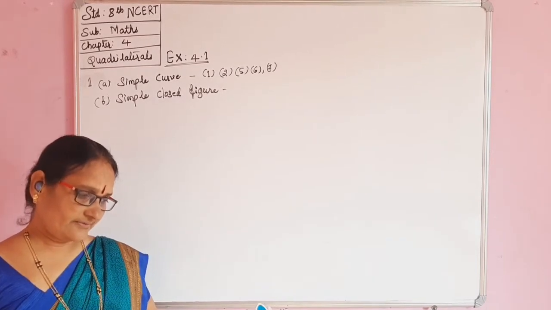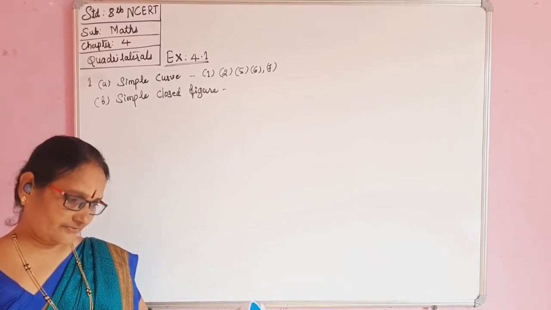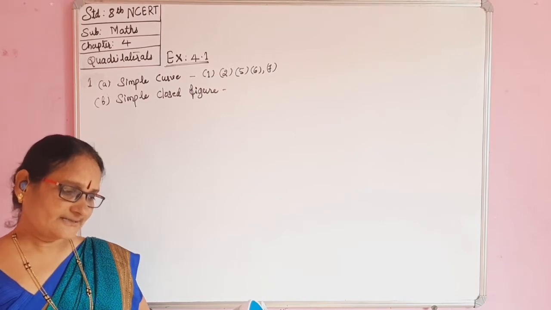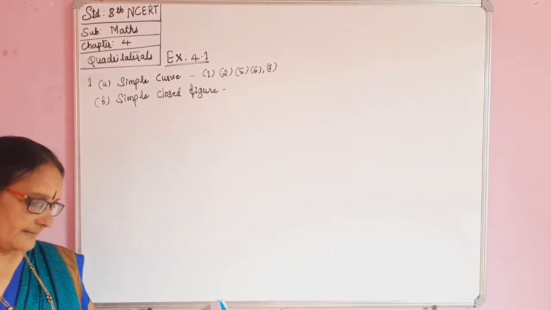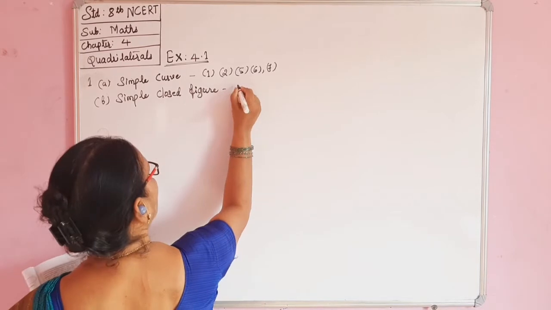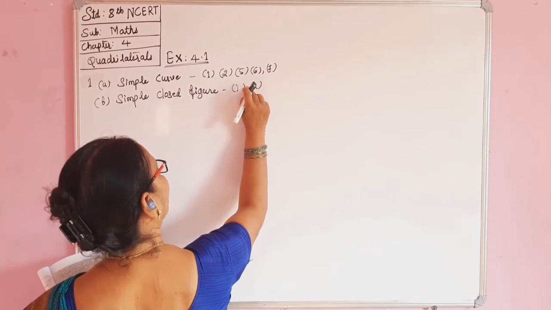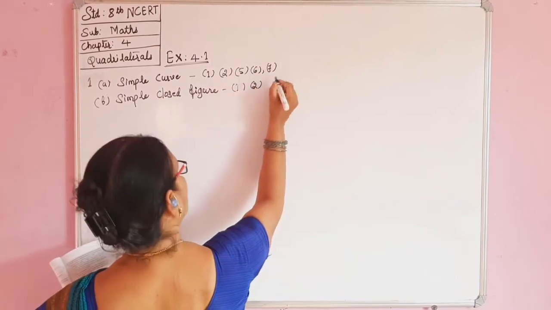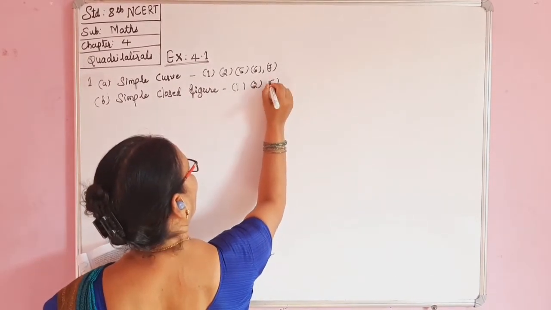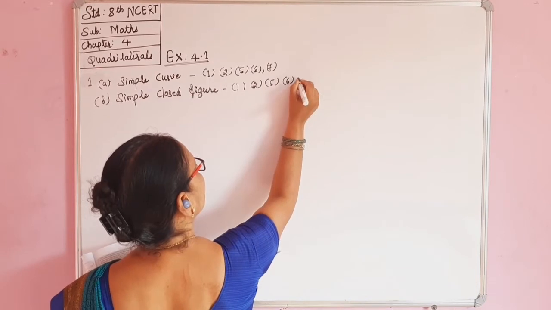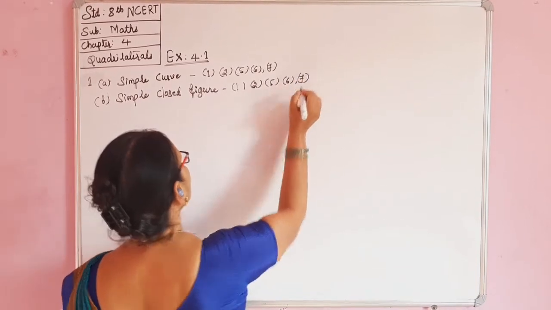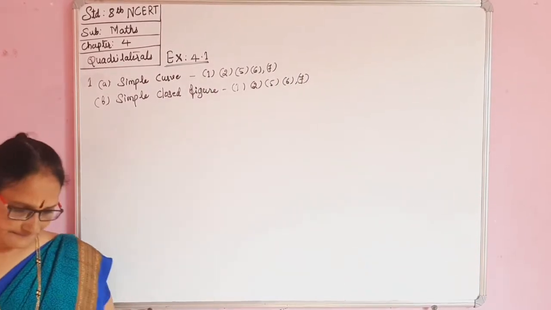The first one, the second one, the fifth one, and the sixth and seventh are also simple closed figures. So 1, 2, 5, 6, 7 are simple closed figures.